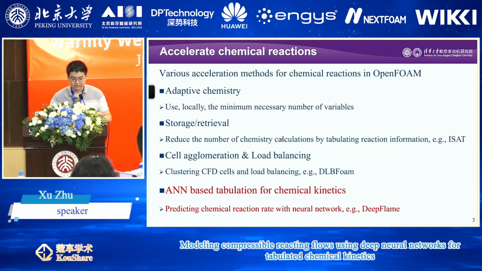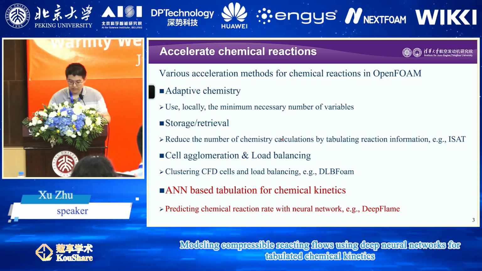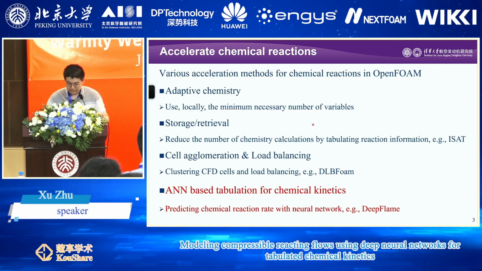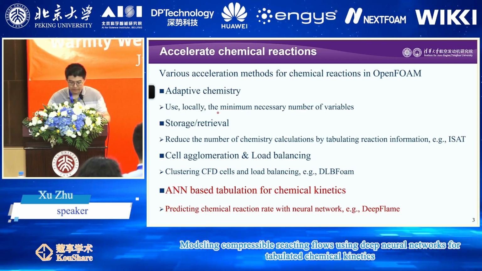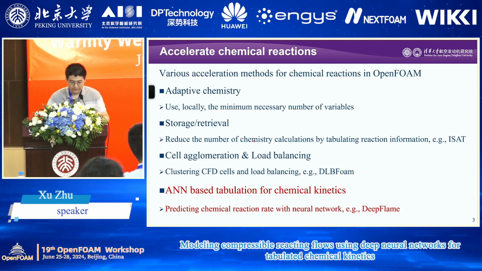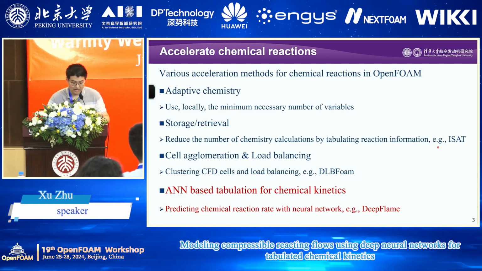Common acceleration methods in OpenFOAM are listed as follows. There are methods like adaptive chemistry, which reduces the number of variables locally, and some other storage and retrieval methods like ISAT.